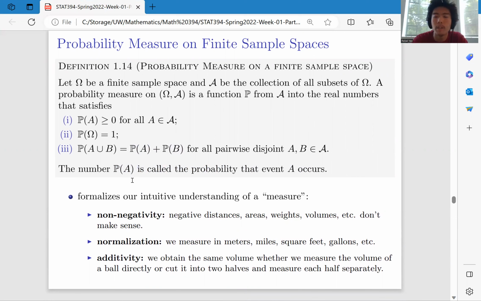For example, if you want to measure distance in the real world, it can be 1 meter or 0 meters, but it cannot be negative 1 meter. That is not realistic, and probability is a study to reveal realistic problems, so it satisfies non-negativity. For the second property, the probability of omega is equal to 1.